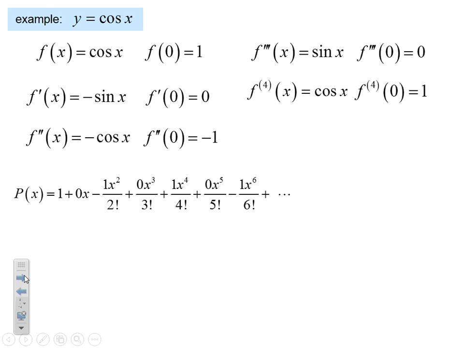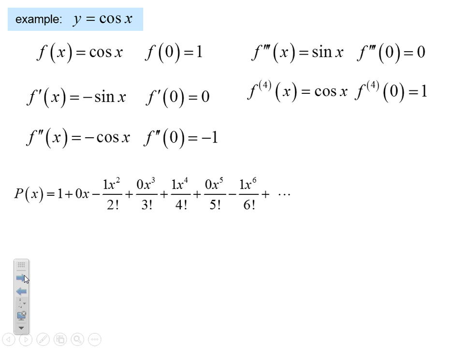Now what's 0 factorial? 1. What's 1 factorial? 1. So your first two terms are just going to be the derivatives because they're dividing by 1. Then you have the second derivative over 2 factorial, third derivative over 3 factorial, fourth derivative over 4 factorial, fifth derivative over 5 factorial, etc.